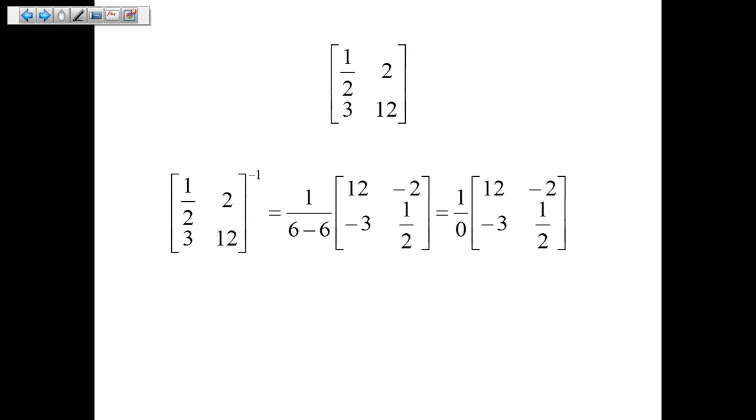My determinant is 0, so when I take 1 divided by 0, that's a really major problem. And what that means is that this matrix does not have an inverse. So remember, only square matrices have inverses, but not every square matrix has an inverse. Whenever the determinant is 0, that matrix does not have an inverse.